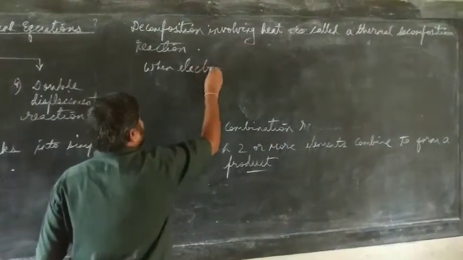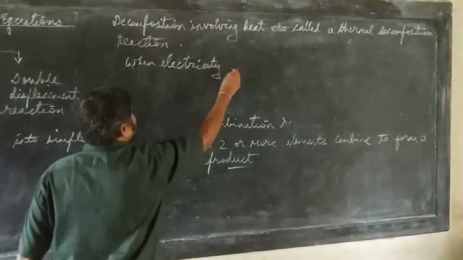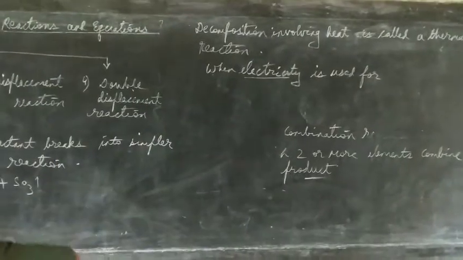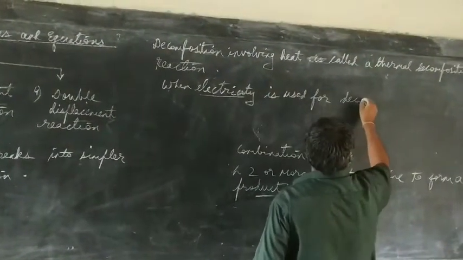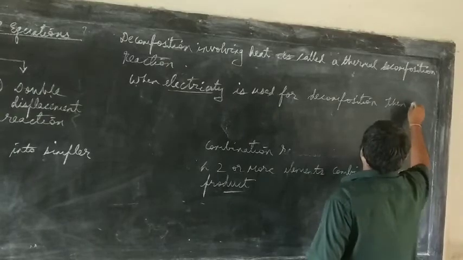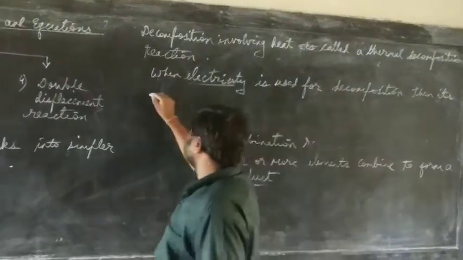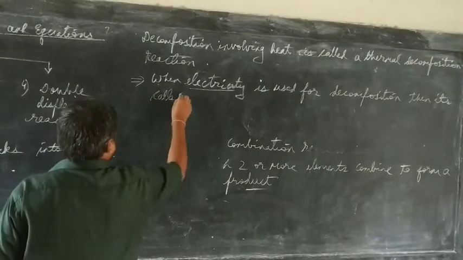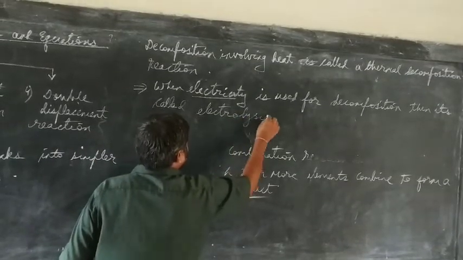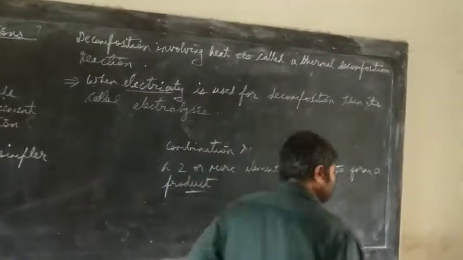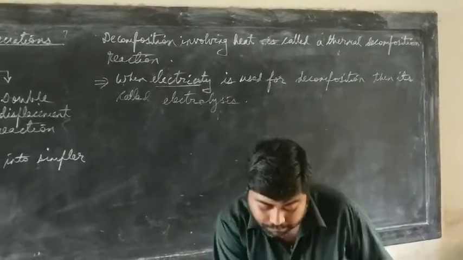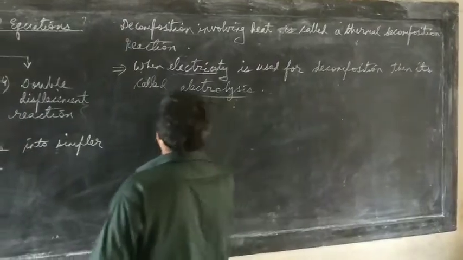When electricity is used for decomposition, then it is called electrolysis. Okay. Example.